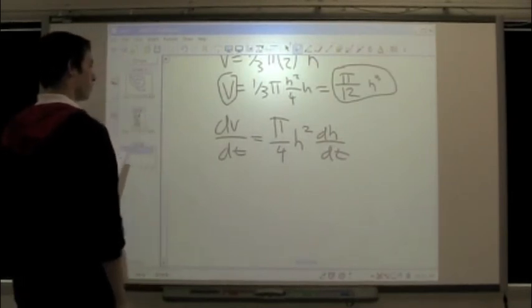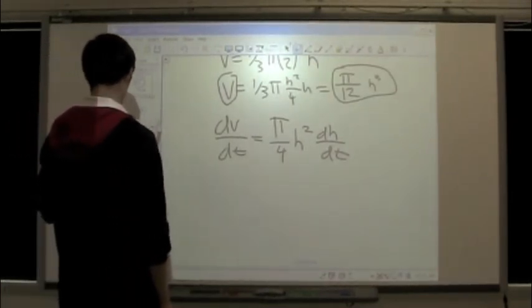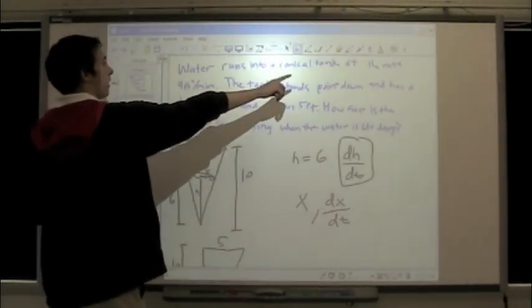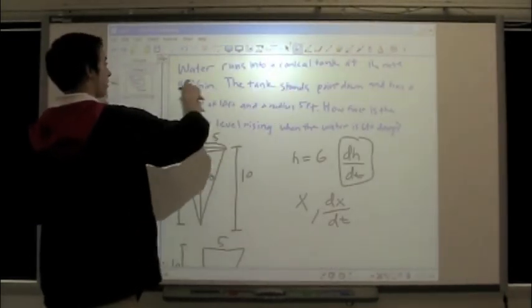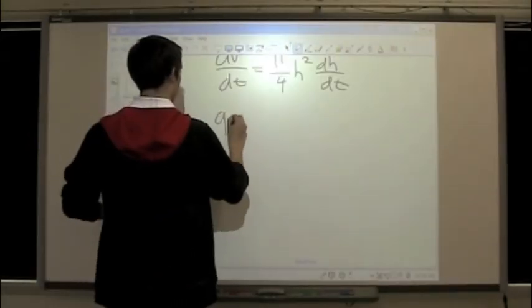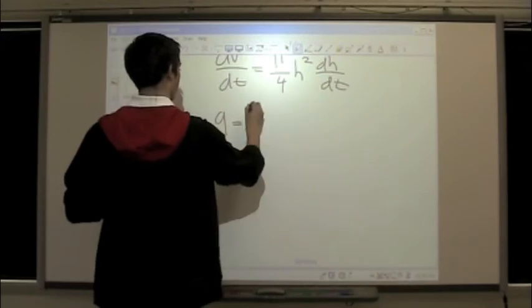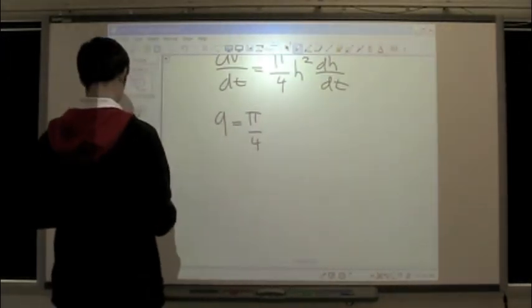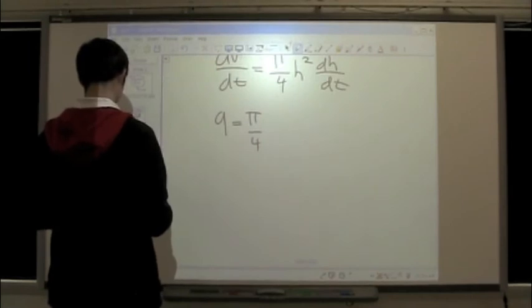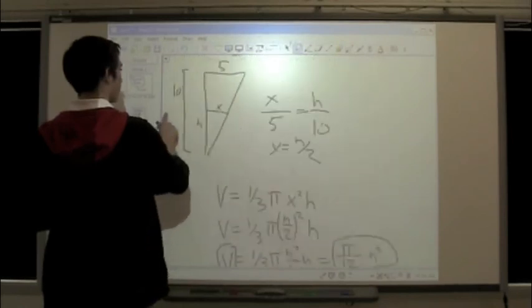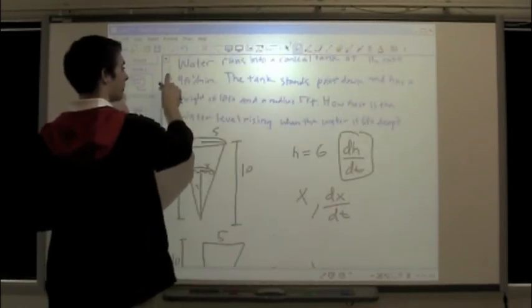So now we plug in the variables that we know. We know that the water runs into the conical tank at a rate of 9 feet cubed a minute. So we know dV/dt, 9 is equal to pi over 4. And we know h squared, or we know h is equal to 6 feet.